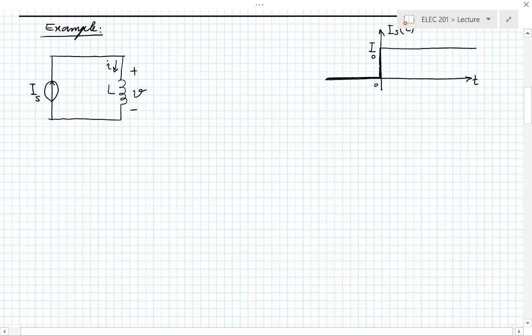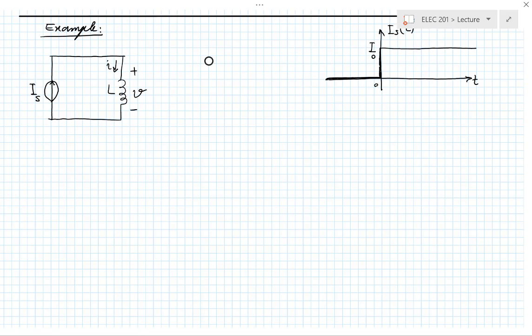And I've chosen to use the polarities the way I've shown. Now, you might already recognize very quickly that by applying a simple KCL, you will see that I sub s is equal to I in this circuit. So perhaps I didn't need to explicitly indicate an I there, but nonetheless, I wanted to start simple and not to have to see one step ahead of time.